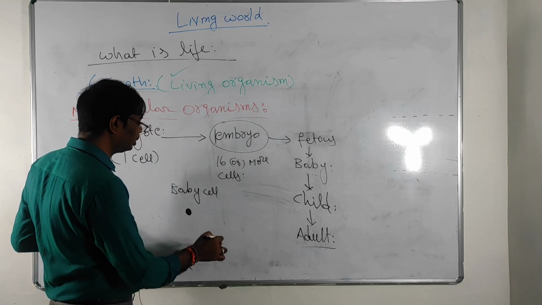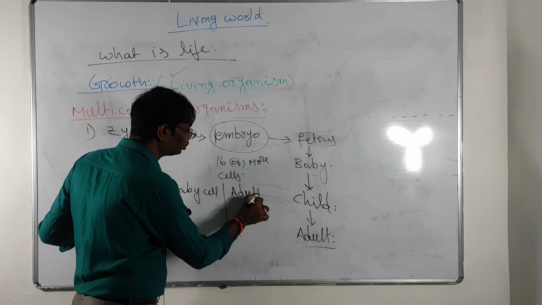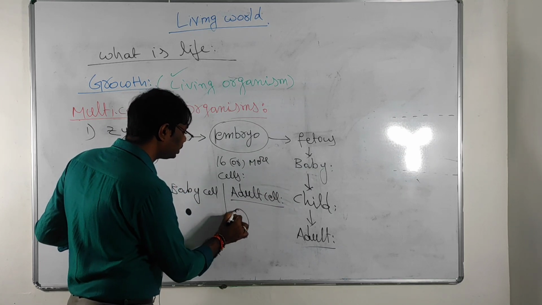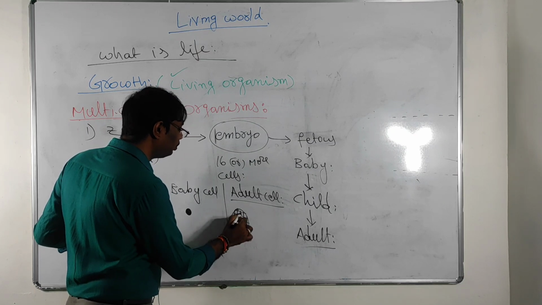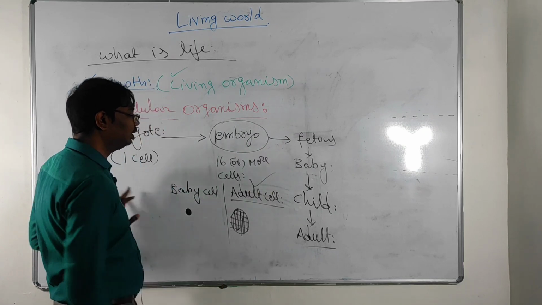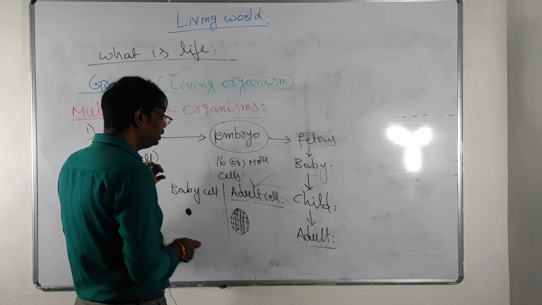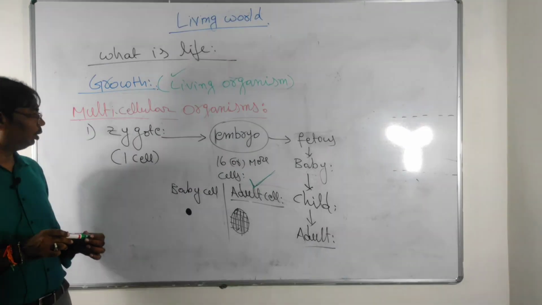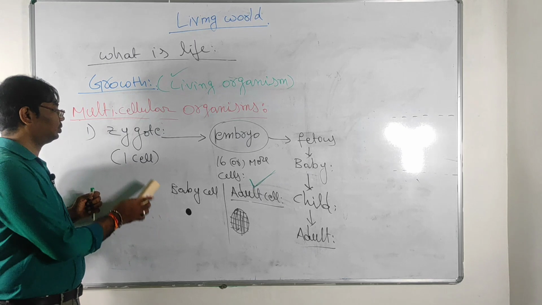If you see an adult cell, an adult bone cell or any brain cell, the adult cell size is this much. Which cell is bigger in size, students? Yes, the adult cell is bigger in size. What does it indicate? The cell size is increased during growth, and at the same time the cell number also increases during growth. So this is about growth in multicellular organisms.